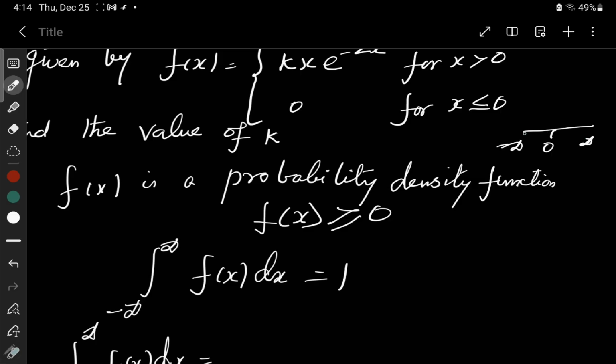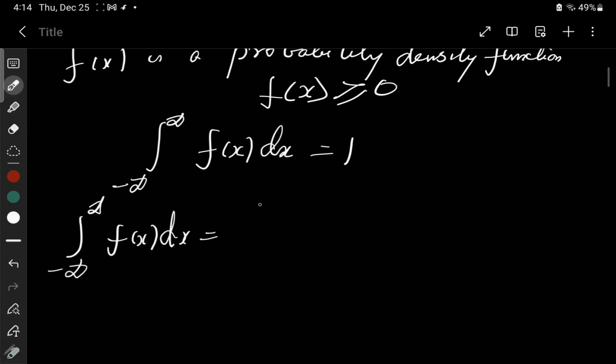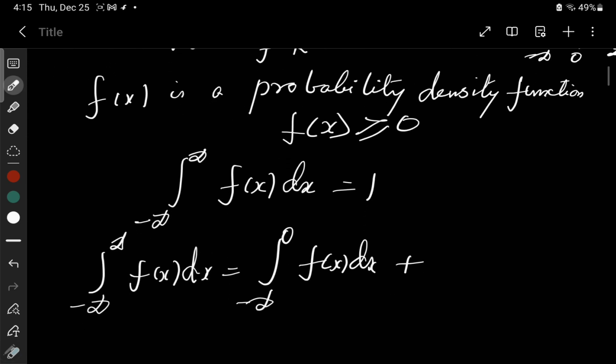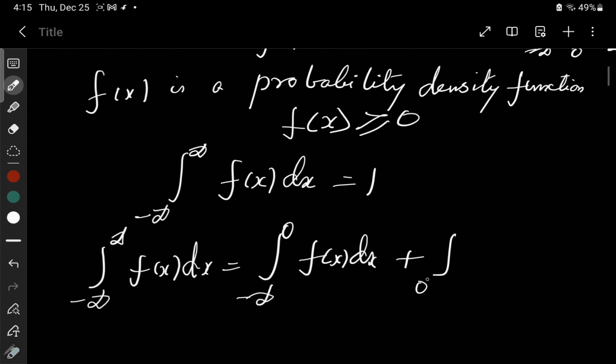From minus infinity to 0 the function is 0. So I split it as the integral from minus infinity to 0 of f of x dx plus the integral from 0 to infinity of f of x dx.